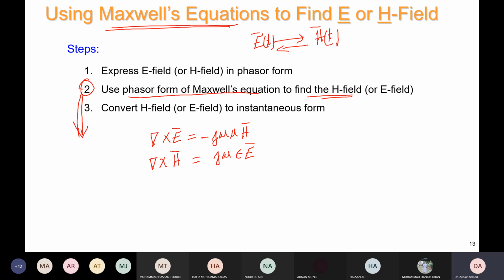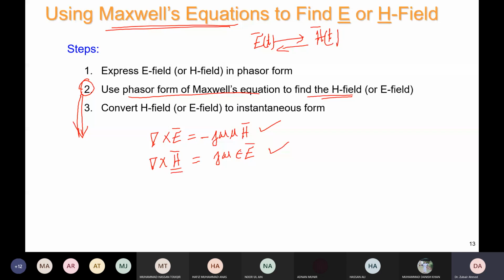So these two are equations which will be used to find the magnetic or electric field. For example, the first equation will be used to find the magnetic field given the electric field. If we are given the electric field and we want to find the magnetic field, we can use this equation. On the other hand, if we are given the magnetic field and we want to find the electric field, then we can use this second equation.